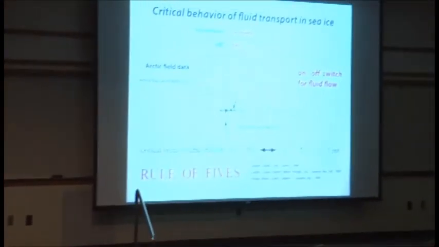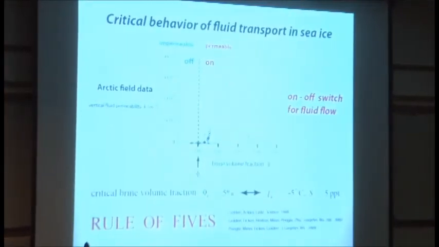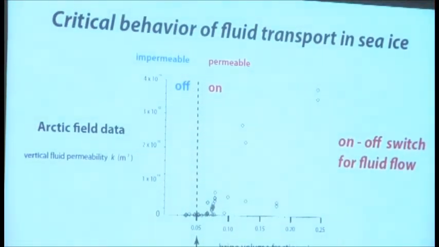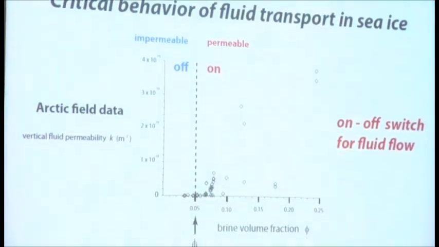It turns out that for brine volume fractions below about 5%, in columnar sea ice, the classic congelation ice that grows in the Arctic, fluid cannot flow. For brine volume fractions above 5%, fluid can flow, and it's increasingly permeable as the sea ice gets warmer, or as the brine volume fraction increases.